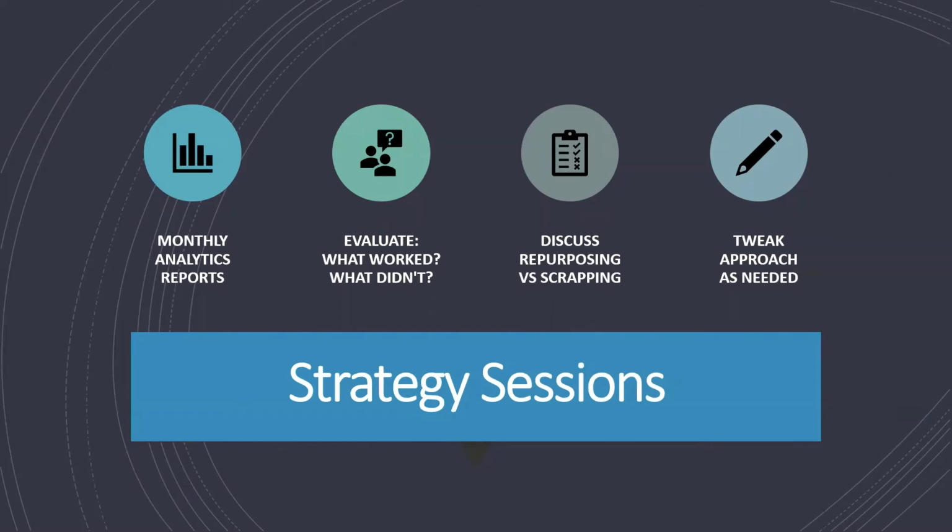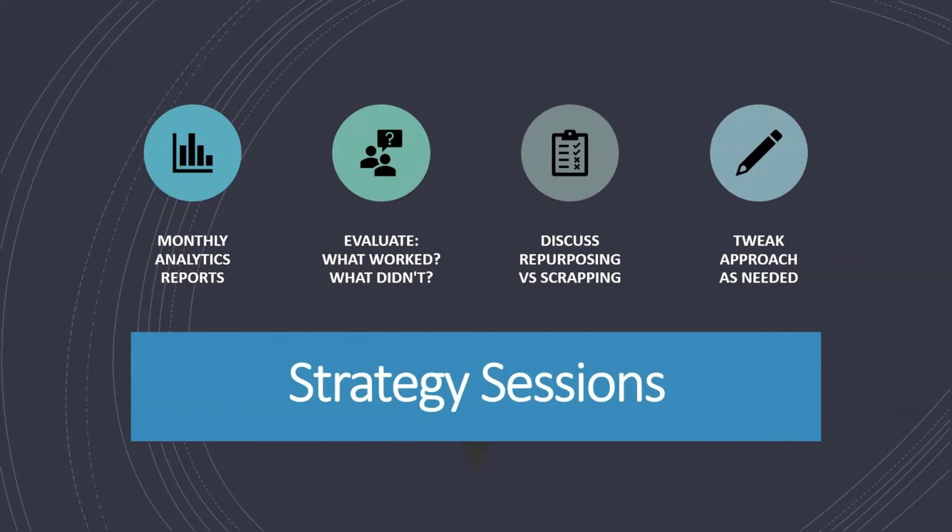Because you need time to plan and figure all this stuff out and make all this stuff, and workshop things you need to workshop. And then you also want to have these strategy sessions so that you can look at the monthly analytics. You can evaluate what worked and what didn't. You can discuss if you want to repurpose something, or if you want to just scrap something and be like, nah, we're not messing with that anymore. And then tweak what you've been doing.